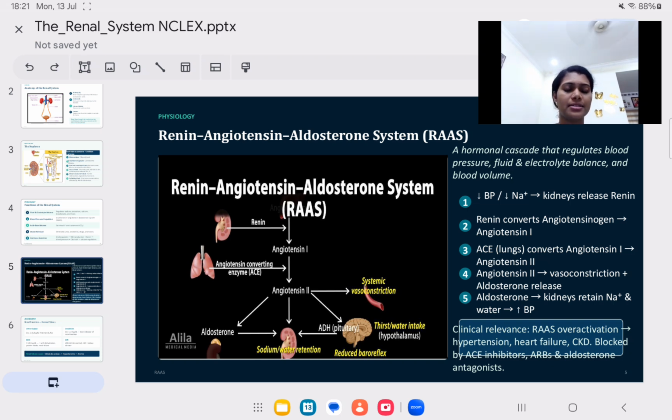Otherwise, angiotensin receptor blockers also can be given. So these all block the conversion of angiotensin 1 to angiotensin 2. Okay, this is the normal RAS mechanism.